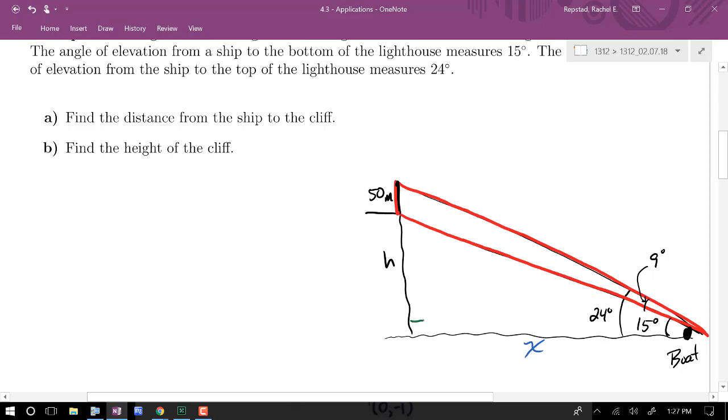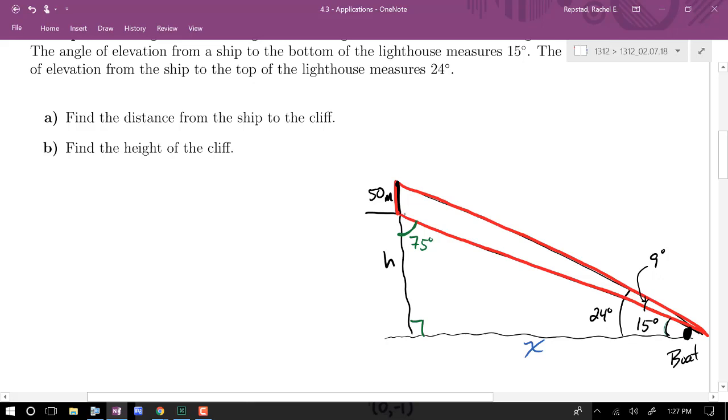We're assuming that this is a nice right angle at the water. And if this is 15 degrees in this corner, we know this angle, right? What's 90 minus 15? 75.